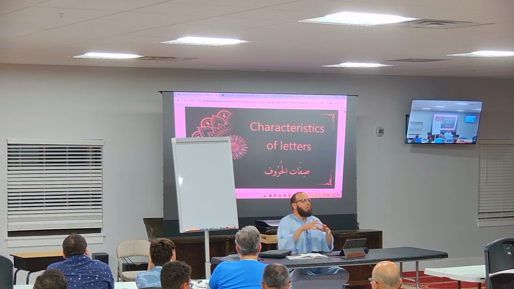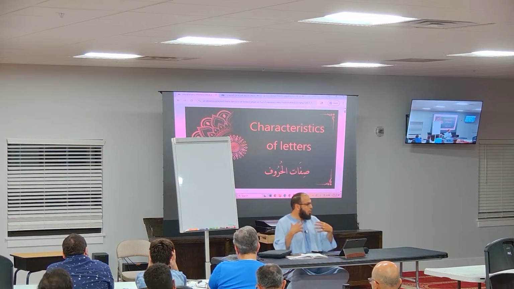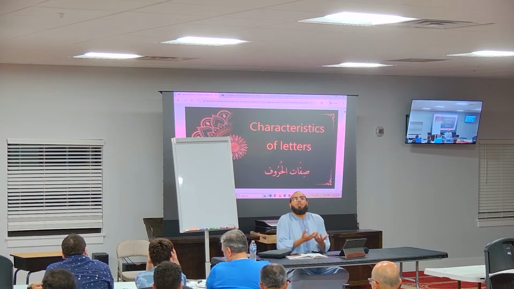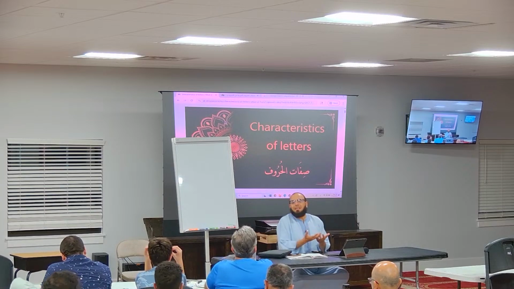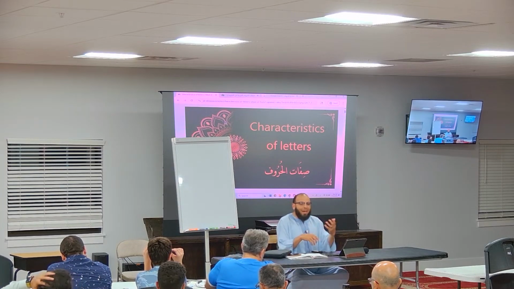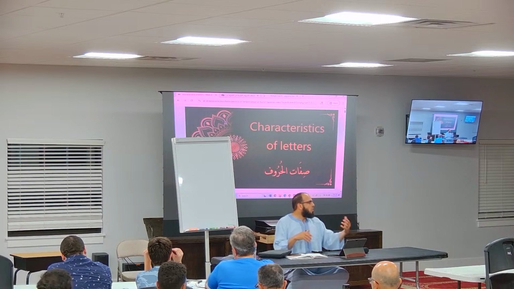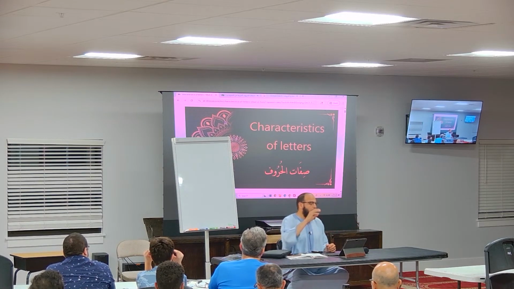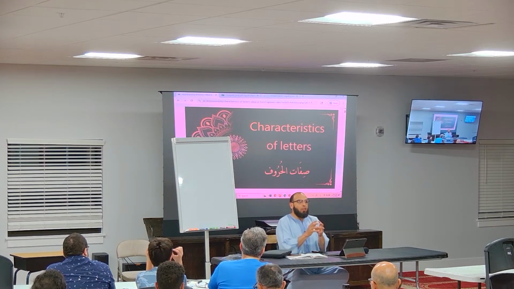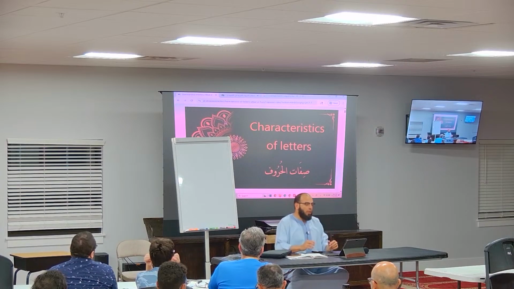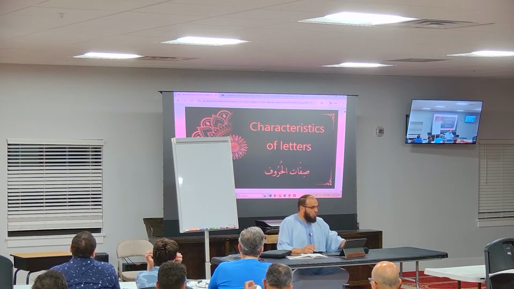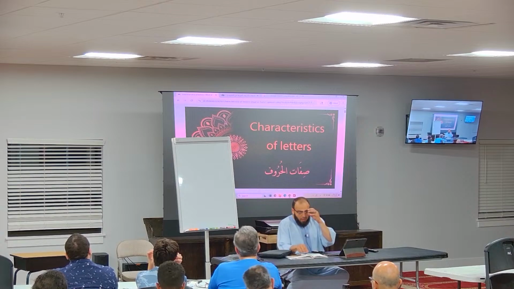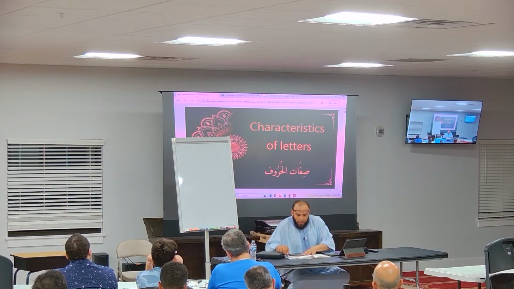Like a human being, I mentioned that before. You have the body, this is the makhraj, this is who you are. And then you have features, sifat: black, white, this one is patient, this one is a little bit whatever. So the combination of your body and your features will give you who you are. Same for each letter. Let's talk about the sifat, or the characteristics, of al-huruf.